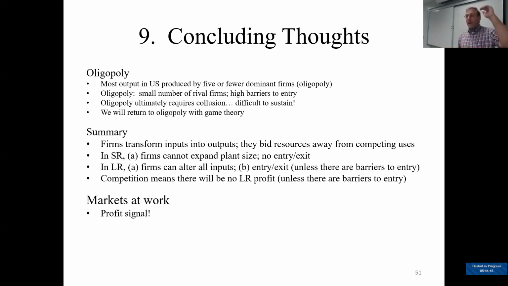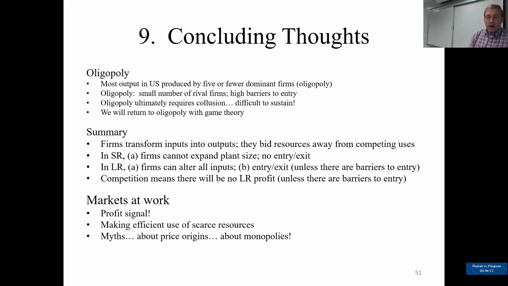Likewise, if a price is quote unquote too high, others are going to try to enter the market to compete. This is where we saw economic profits going back down to zero. Normal economic profits are going to be zero because the market's going to attract newcomers into the market unless there are high barriers to entry. So that's the concluding thought right there.